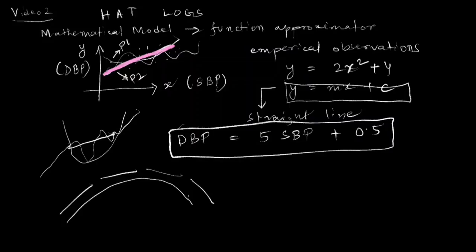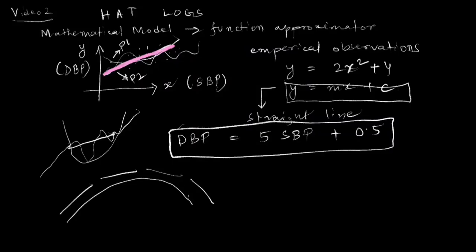So even when we don't have a straight line, that is, we have a curve, that can be broken down into a number of linear equations that approximate that curve.